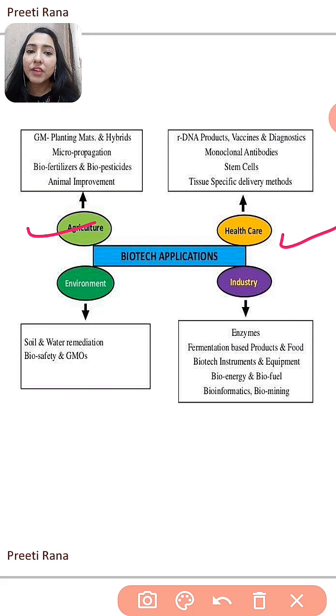In healthcare, for recombinant DNA products, vaccines, diagnostics, monoclonal antibodies, and tissue culture. In the environment, soil and water remediation, biosafety, and genetically modified organisms. In industry, for the production of enzymes, fermentation based products and food, biotech instruments and equipment, bioenergy, biofuel, bioinformatics, biomining, and many more.